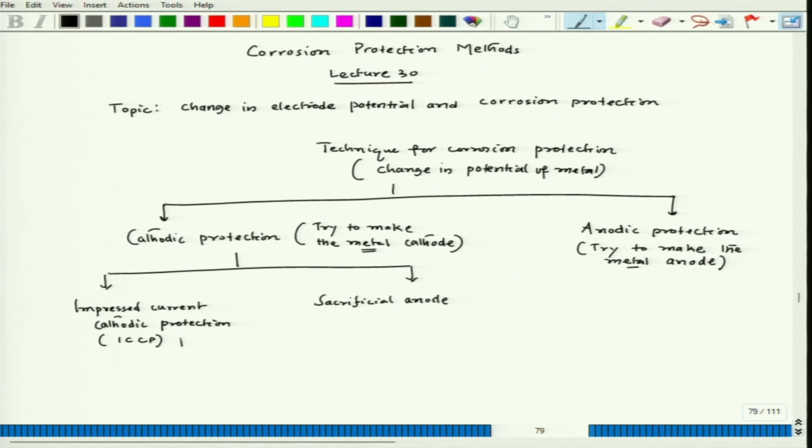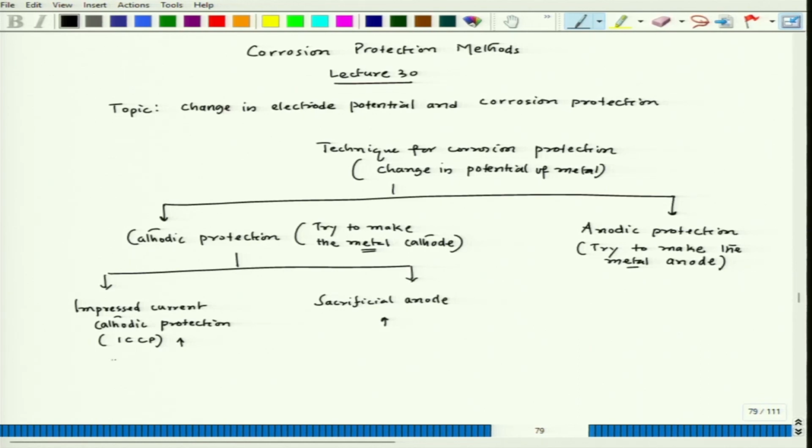In the impressed current case, we make use of an external DC power source and make the metal which is to be protected the cathode. In the sacrificial anode case, we make use of another active metal, more active than the metal which is to be protected, and connect them galvanically in the electrolyte. The active metal dissolves and the metal which is to be protected gets protected.